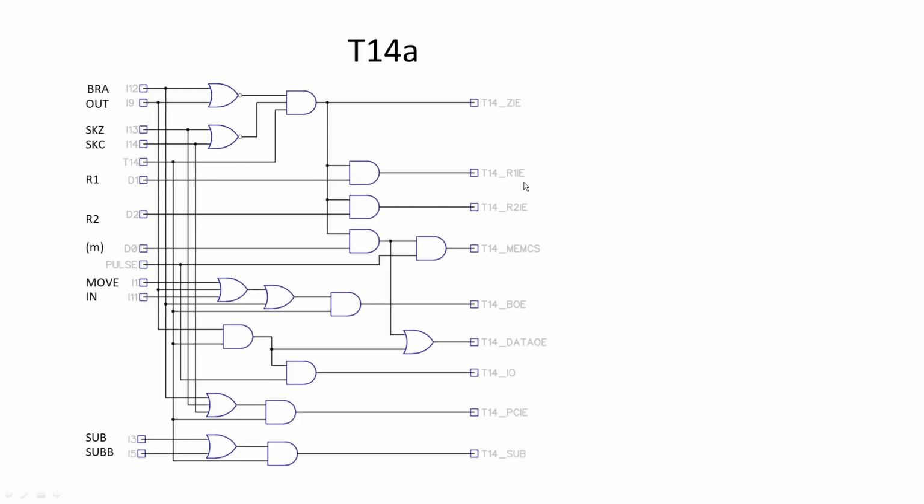It will turn the R1 input enable register on. Or R2 for this one. Or if you're going to memory direct for D0, it will turn memory chip select on, taking right the data to memory. There's no immediate on the destination, because that would be the next byte in memory, which would be program code.